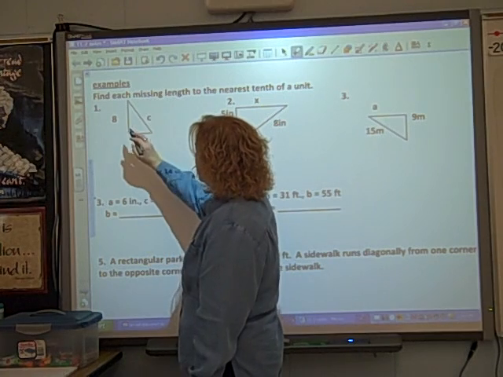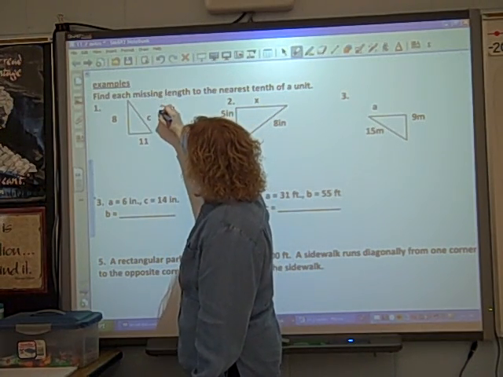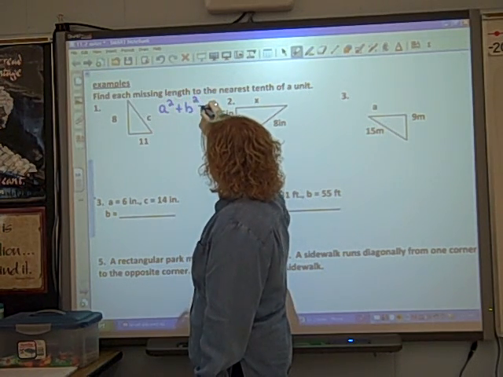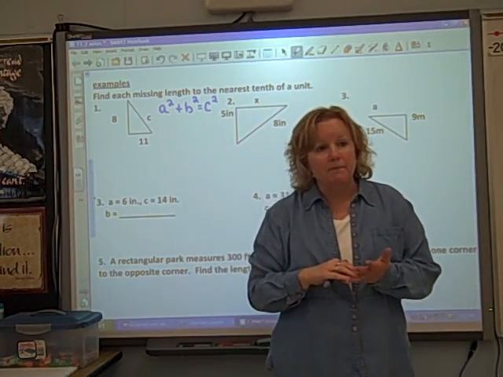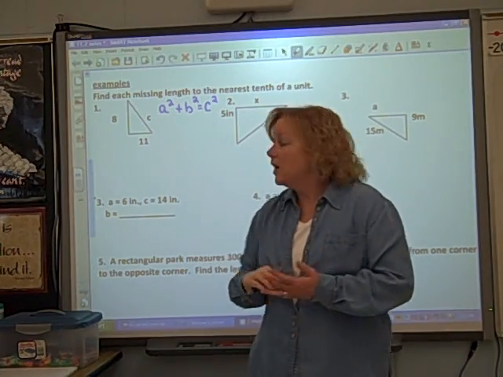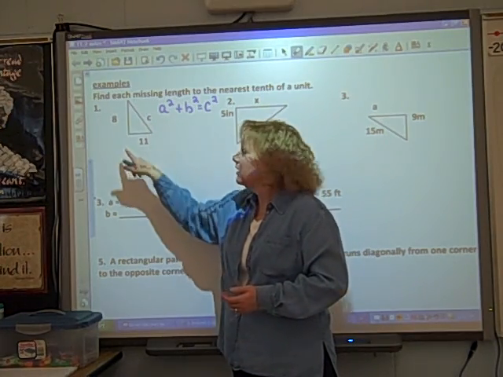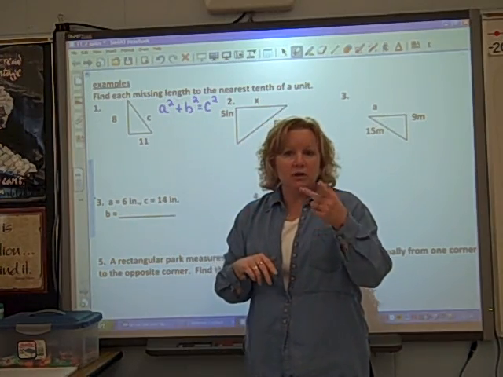Here's our first question right here. We're looking for C. We're going to write down our formula: A squared plus B squared equals C squared. Now I'm going to drop in the information that I know. I'm looking for C, so I need to drop in my A and my B. A and B are interchangeable.